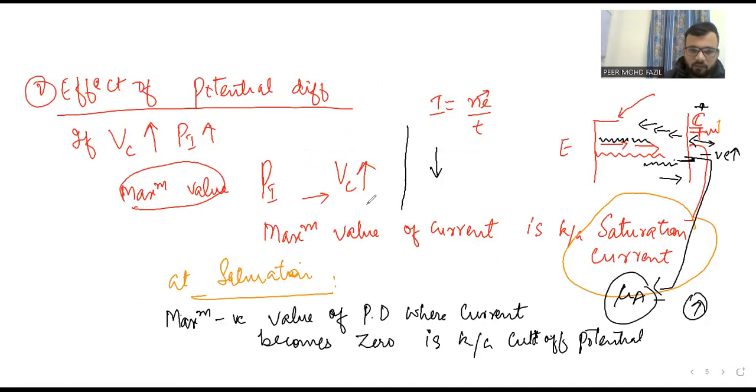Then we studied the effect of potential. There we studied saturation current, which is the maximum value of the current upon increasing the positive potential. Do remember, in saturation current, we increase the positive potential of the collector plate. Then we increase the negative potential, and there we get zero current. When the photoelectric current becomes zero, that is what we call the cutoff potential.